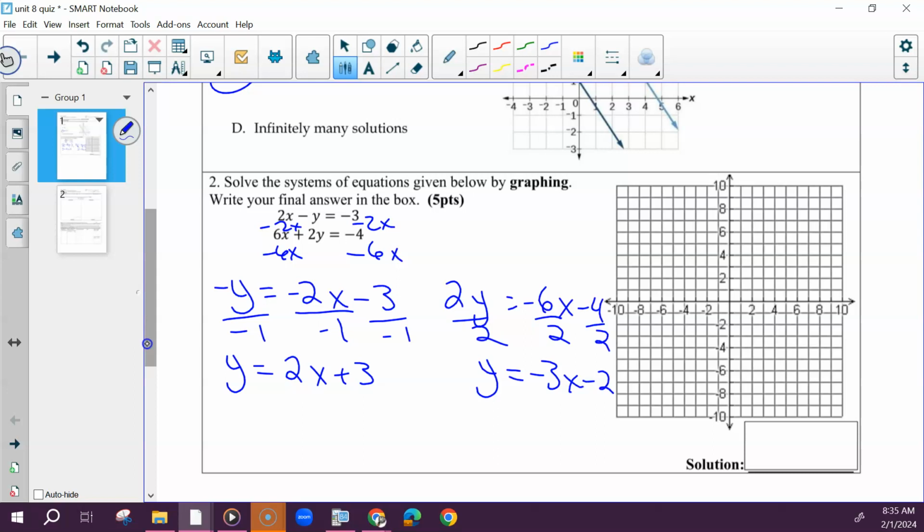And then graph both ones. So for this one, start at positive 3. Go up 2 to the right one as many times as possible, and down to the left one as many times as possible.